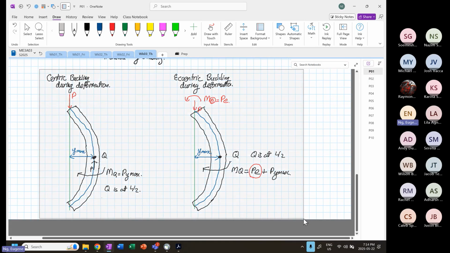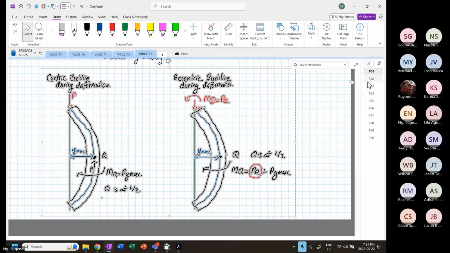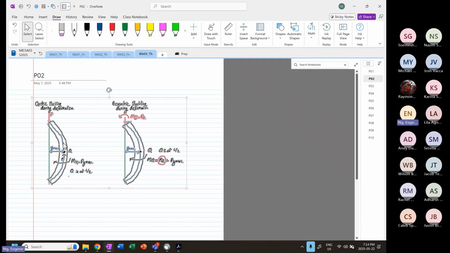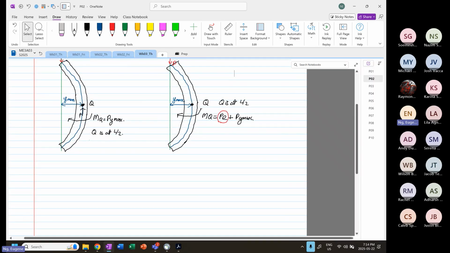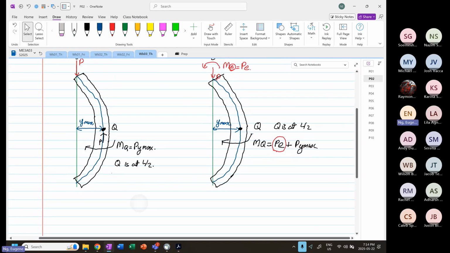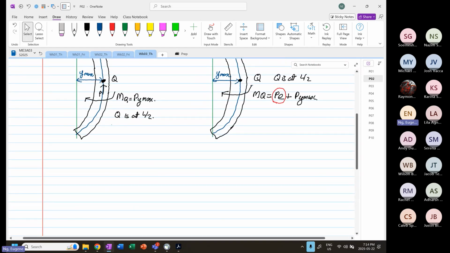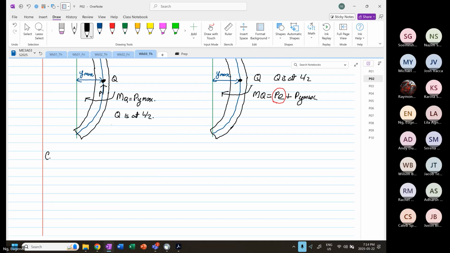And I'm going to write out the formula that the two different buckling configurations use. So let's look at centric buckling first. In centric buckling, we know that P critical is equal to pi squared EI over L effective squared.